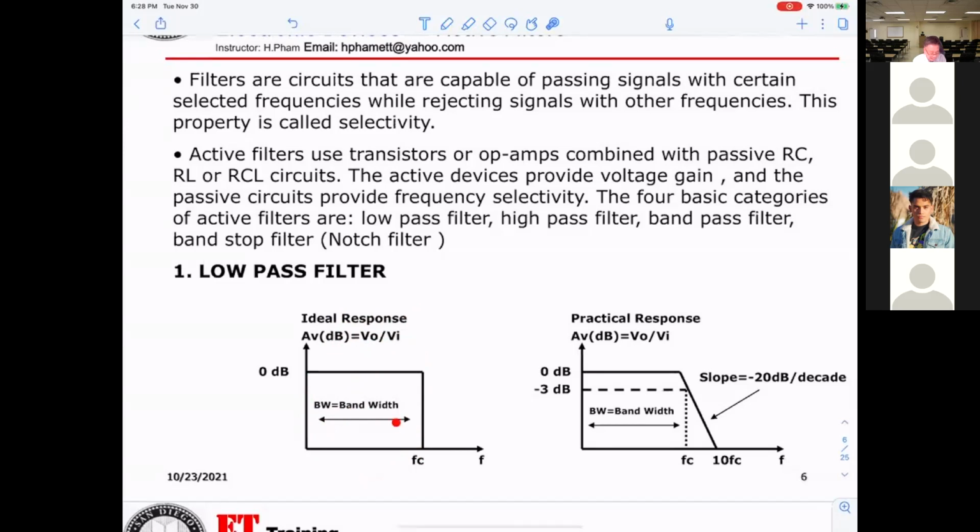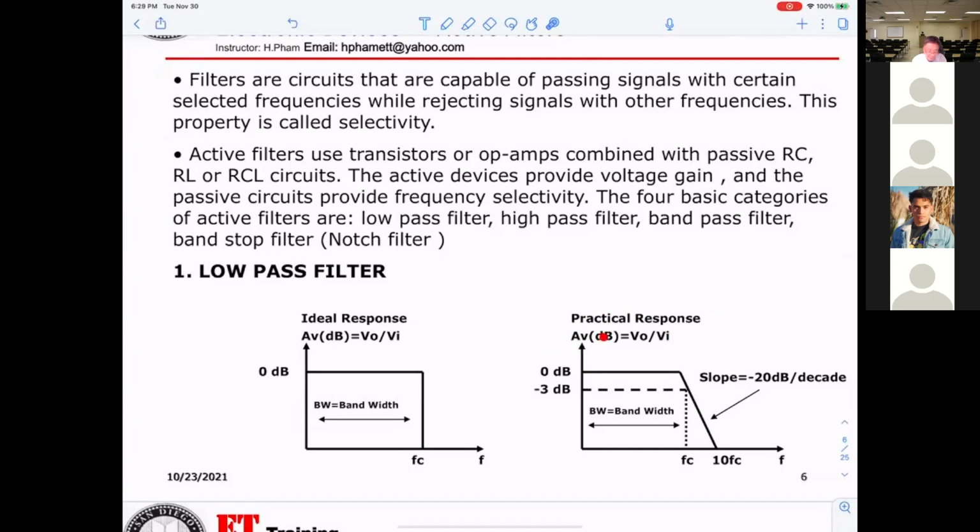This is the ideal one, but it's not used. We're using the practical output frequency response for the low pass. So basically, they display Av here. Av means the gain.